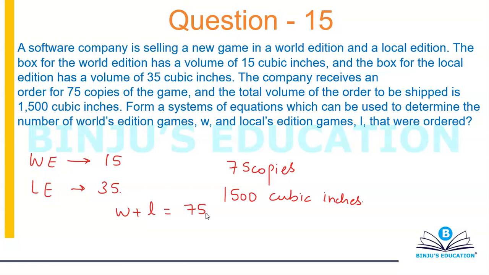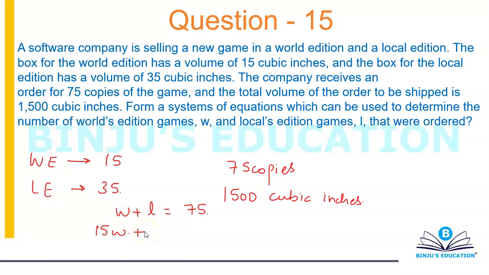Now, if we have a total of W world edition game boxes, for each box, which is 15 cubic inches, for W boxes the total volume will be 15W. One box has a volume of 15 cubic inches. We have a total of W boxes. So total volume will automatically become 15W.